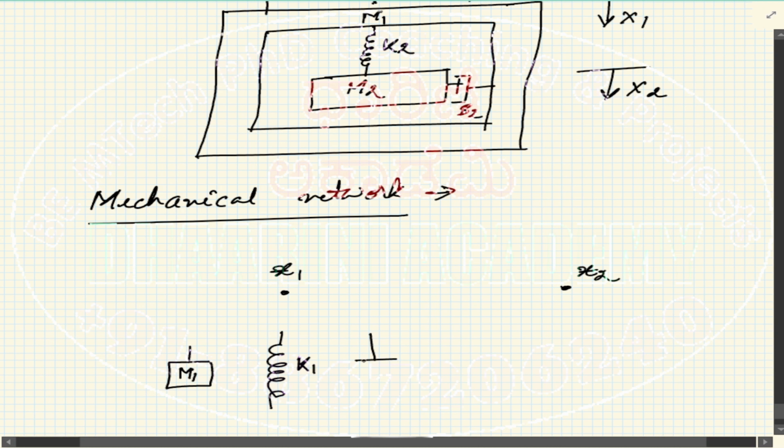Then we'll write a damper, this is b1. We'll connect all of them to this node.